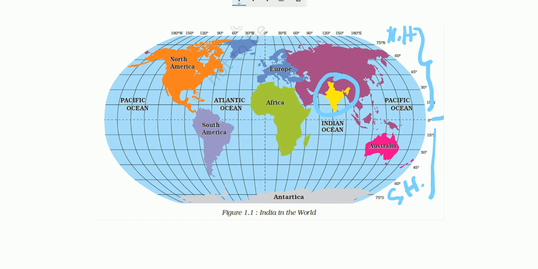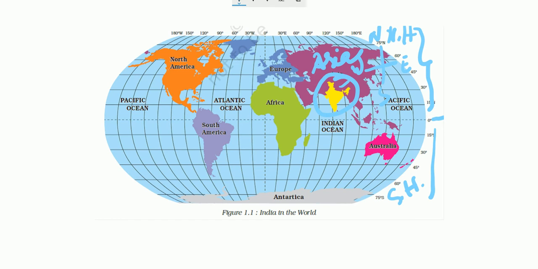Then we can give location like this. India lies in the south central part of Asia. Say, for example, this is Asian continent, and here India lies in the southern part. Say, for example, here we have north, south, east, west.